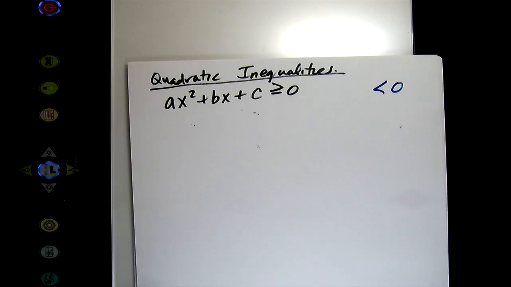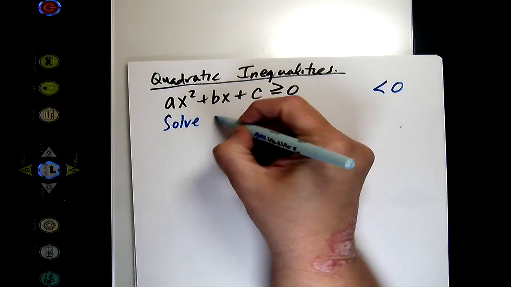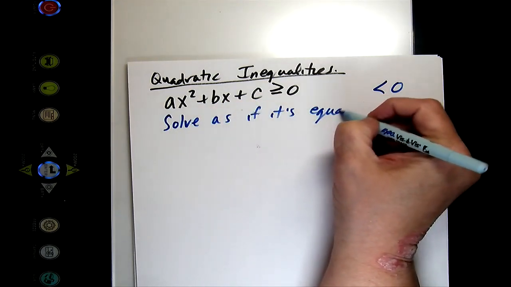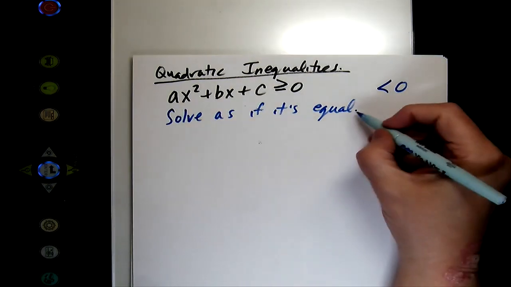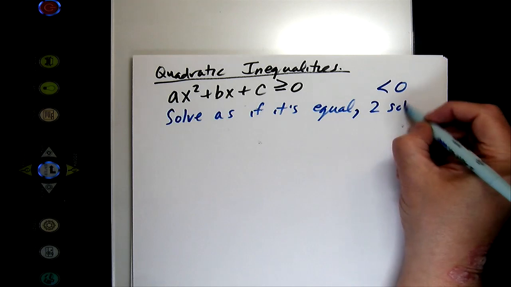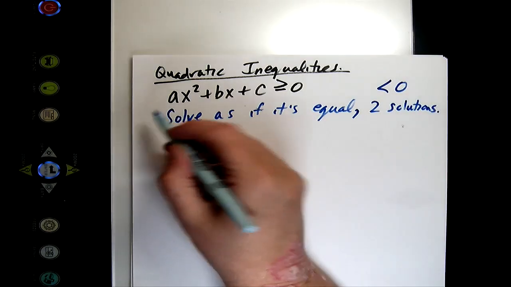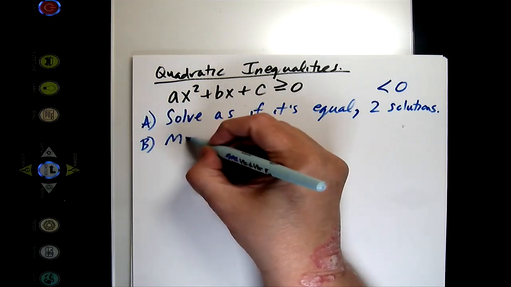We are going to solve as usual. Solve as if it's equal. And we're going to get two solutions. That's step A. Step B, make a number line with them.